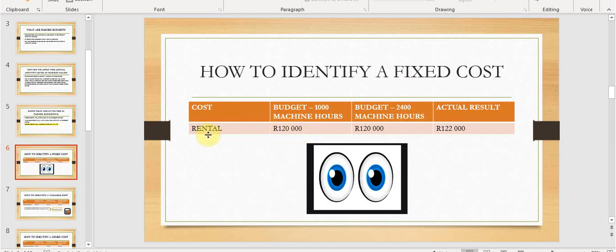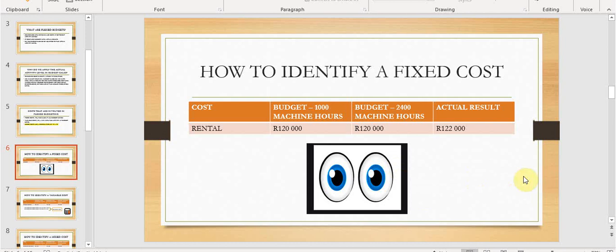You will find that for both budgeted levels, the rental expense is exactly the same. That is how easy it is to identify a fixed cost. The budgeted levels will have the same answer because fixed costs should not fluctuate with activity levels.